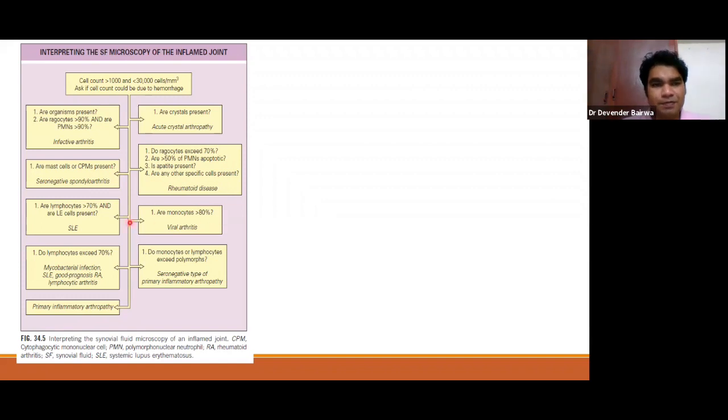And suppose there is presence of some LE cells with lymphocytes, mostly it is an SLE patient. Then we can look at the lymphocyte count. Lymphocyte count is increased in mycobacterial infection, SLE, sometimes in RA, and lymphocytic arthritis. Suppose none of these things are there, then mostly we go with the diagnosis of primary inflammatory arthropathy.